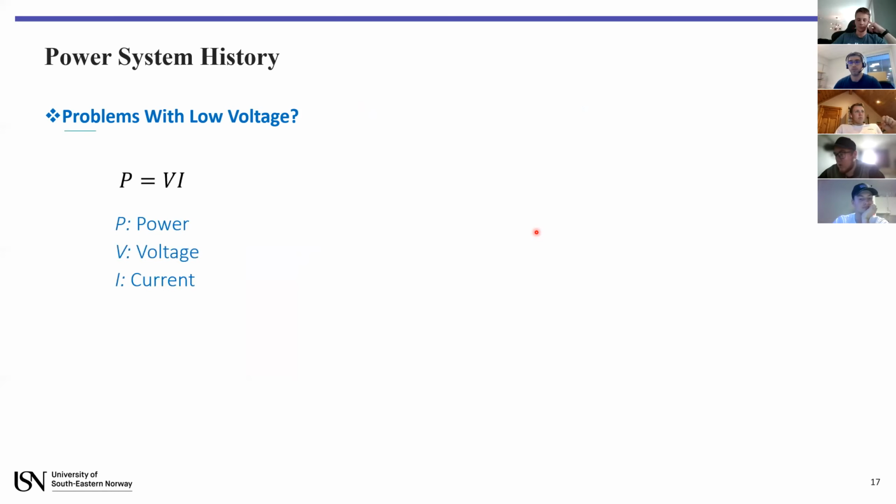However, we had a problem with the low voltage. According to the power, there is a very simple expression for power. Power is voltage times current. So if we want to increase the power with the low voltage, we have to increase the current according to this expression.